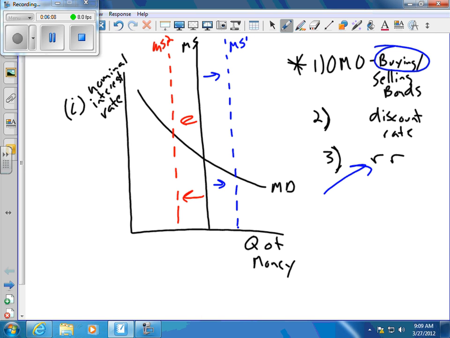You can see the impact on interest rates there. What's that going to mean? That's going to mean the selling of bonds. Selling makes the money supply smaller. Buying makes it bigger. That'd be raising the discount rate, so raising the price that banks get charged to borrow directly from the Fed, and raising the reserve ratio.